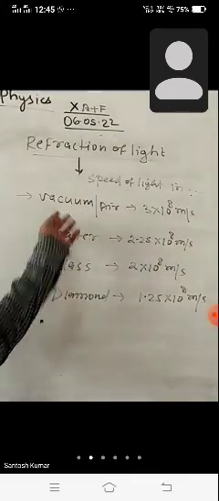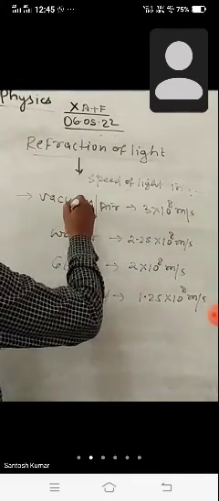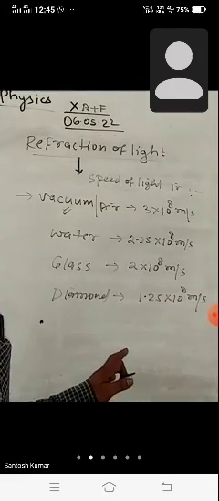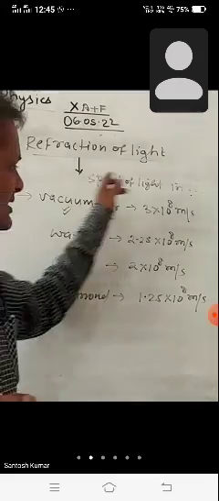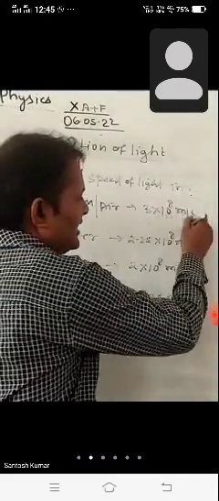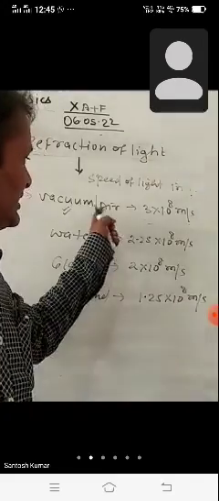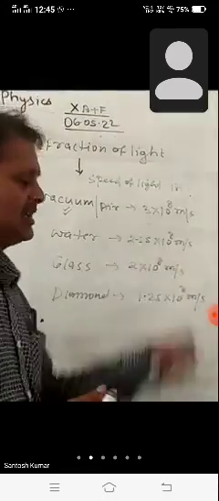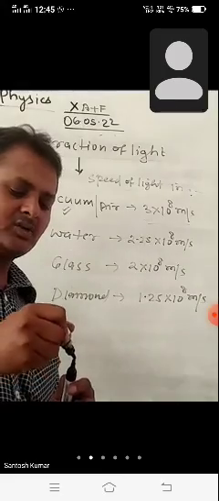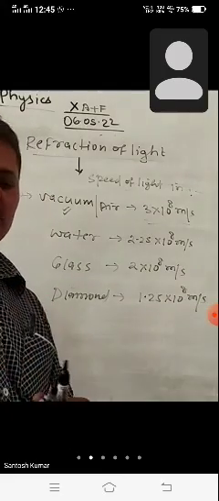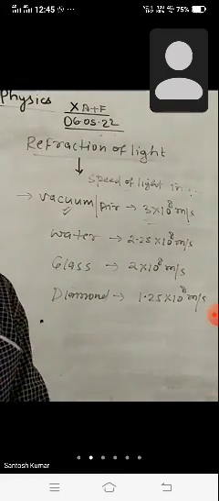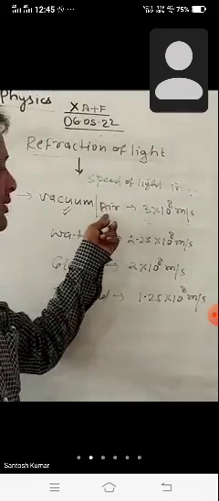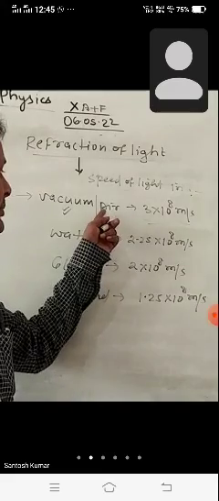Vacuum is the state in which there is no medium. No material medium is there. So light travels fastest in it. In air, it moves with a somewhat lesser speed than this, approximately 3 into 10 to the power 8. So if you are asked in which medium light travels fastest, then it will simply be air.